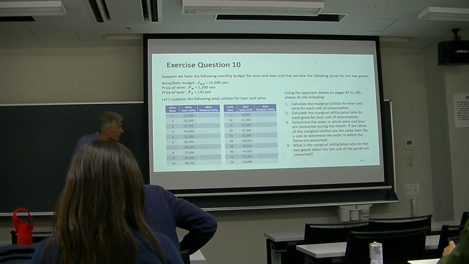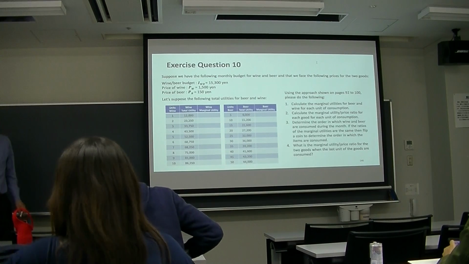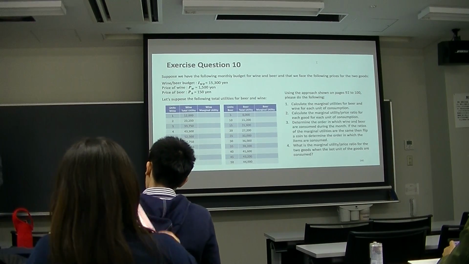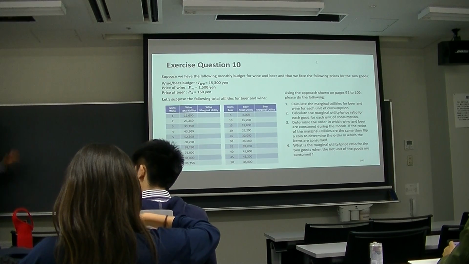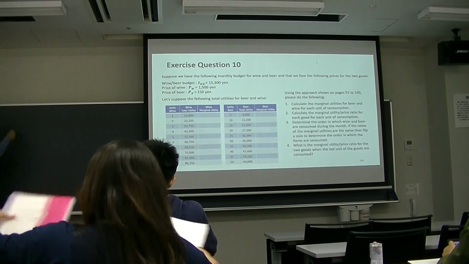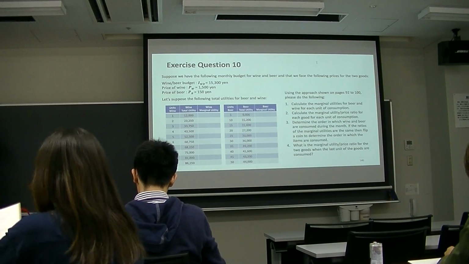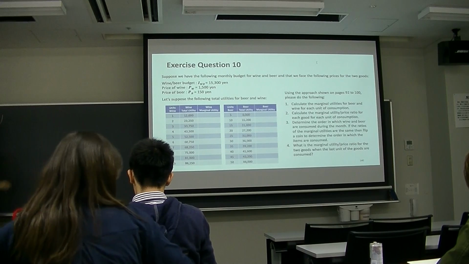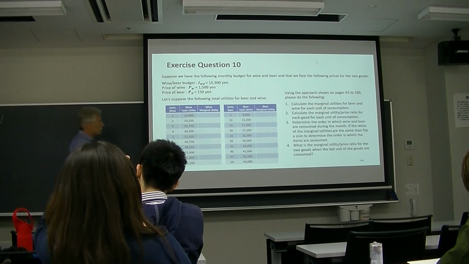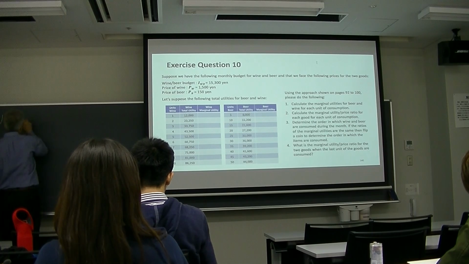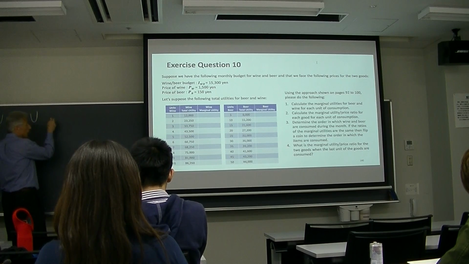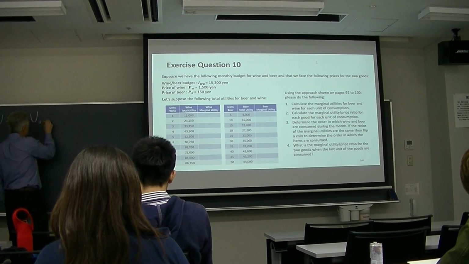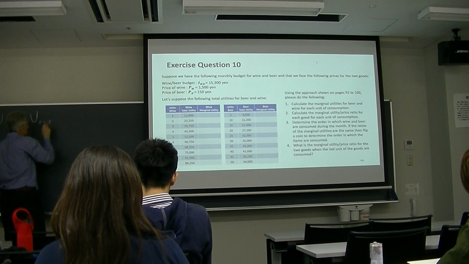The first thing is you want to calculate the marginal utilities. The important thing is you learn how to do this. This is not a trick. The marginal utility is simply the change in utility between some unit and the unit minus 1.